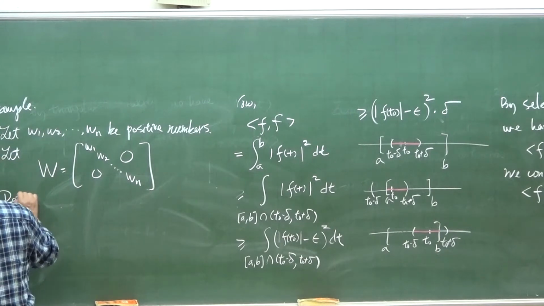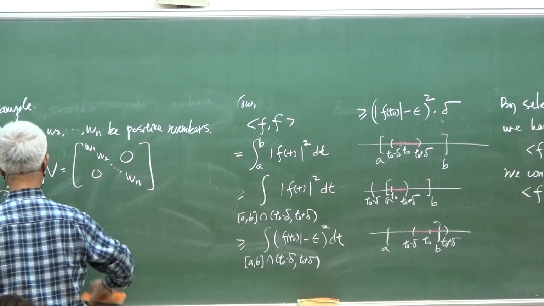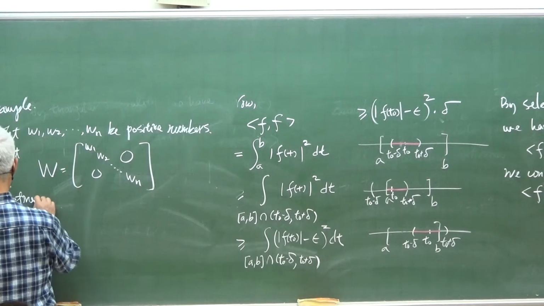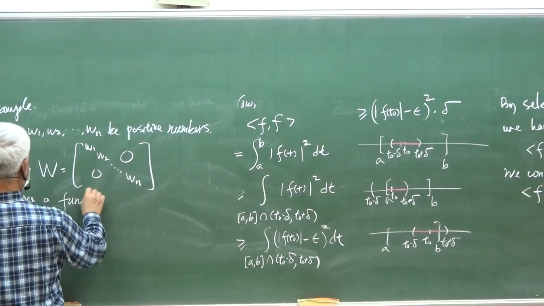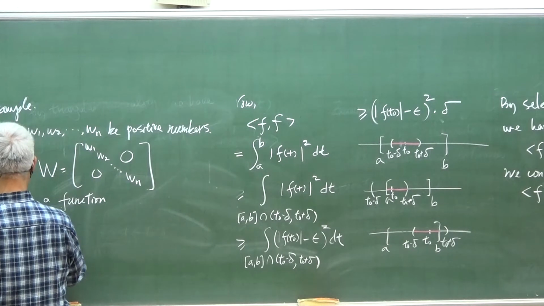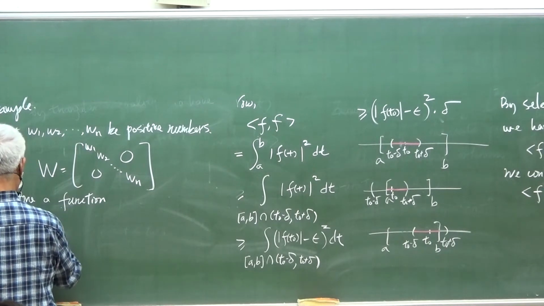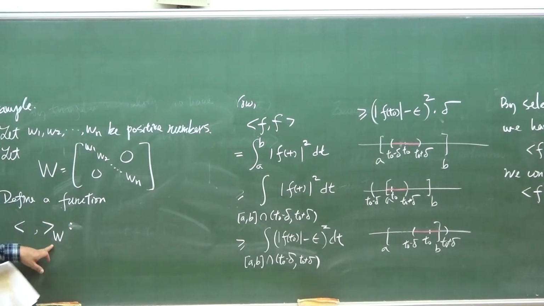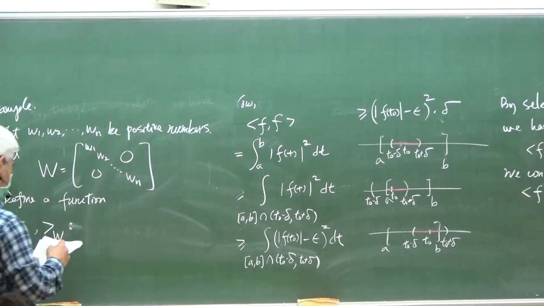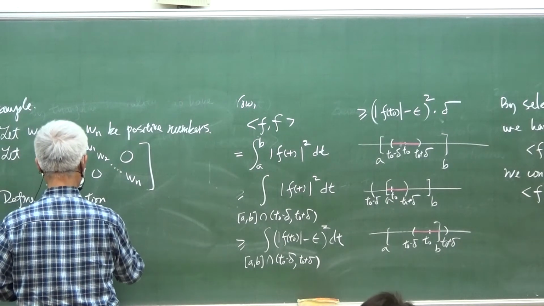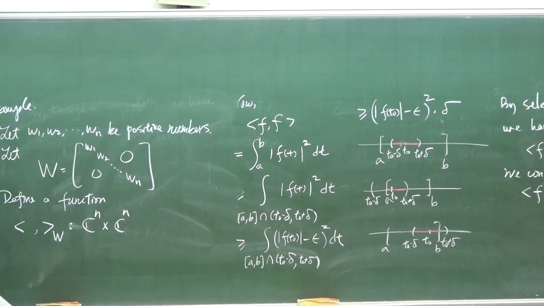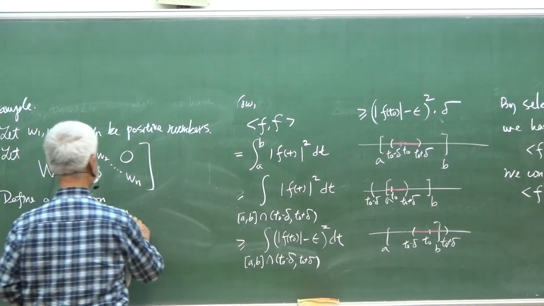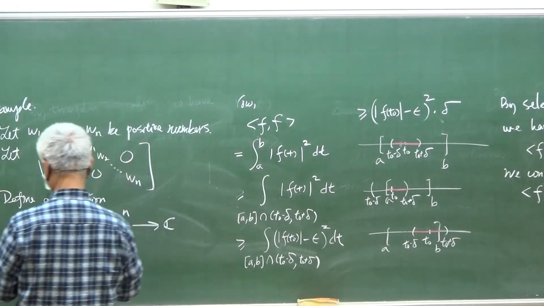Now we define a function, with W as the subscript, on the n-dimensional complex Euclidean space, C^n times C^n goes to C, as follows.